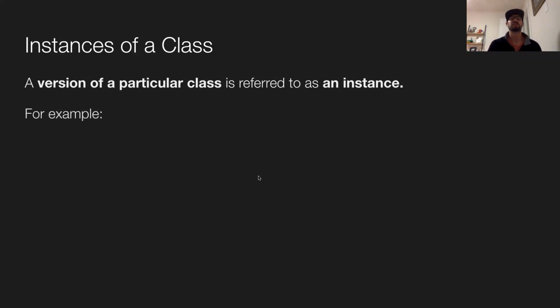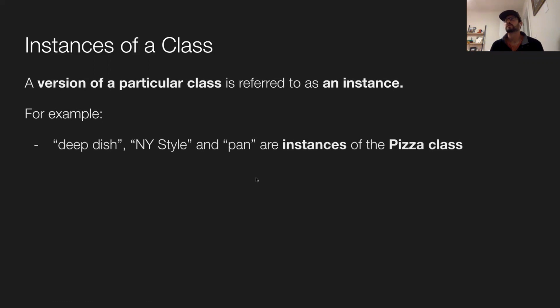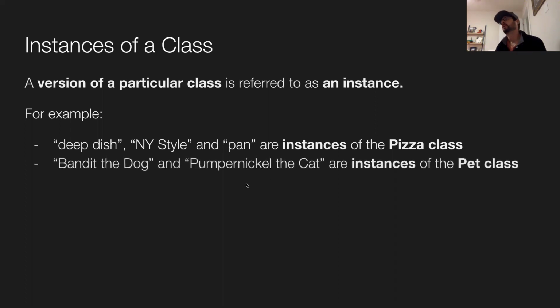For example, if I have a pizza class, deep dish, New York style, and pan are different instances of a pizza class. If I mention my pet class, Bandit the dog and Pumpernickel the cat are examples or instances of a pet class.